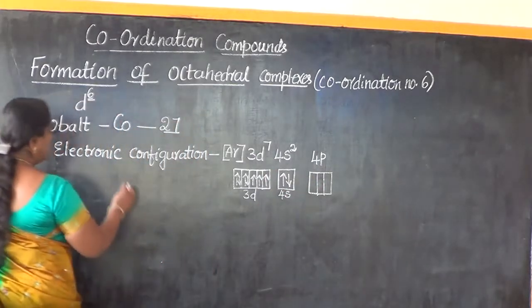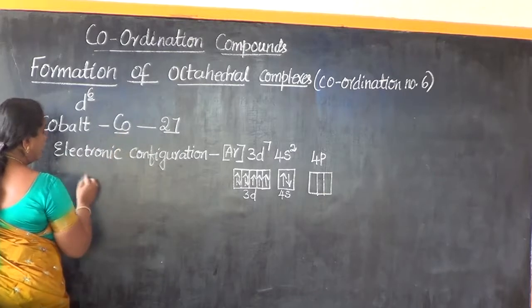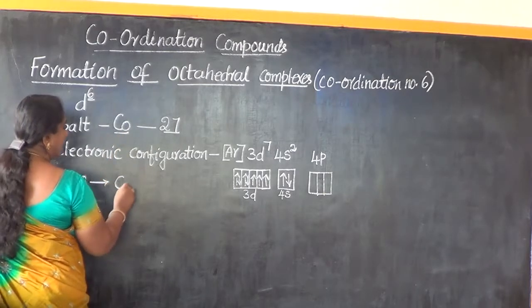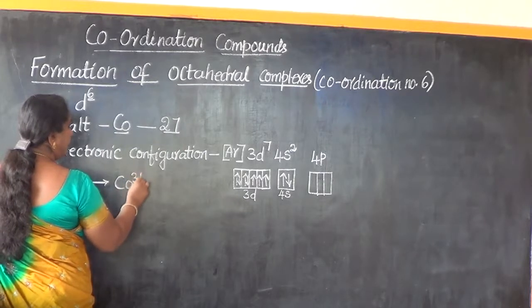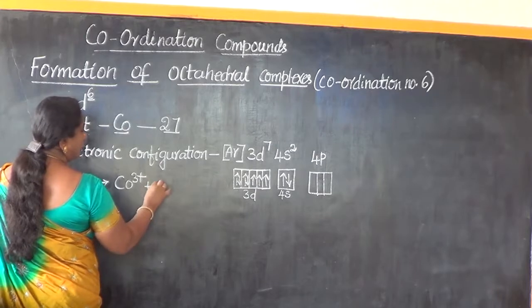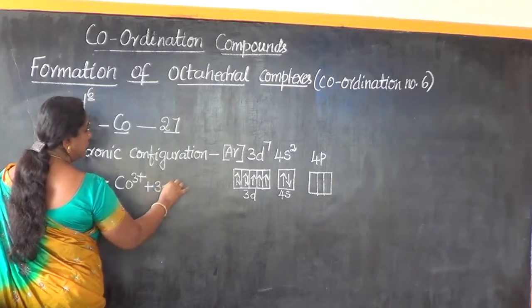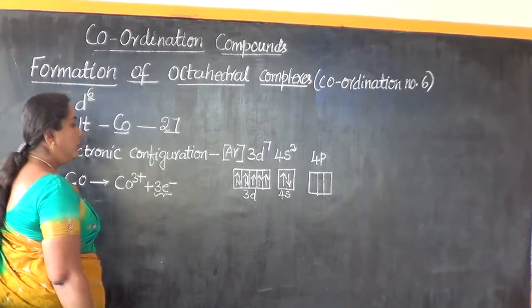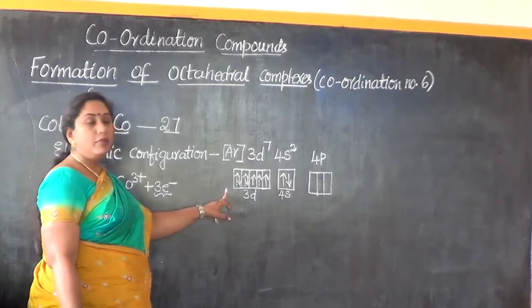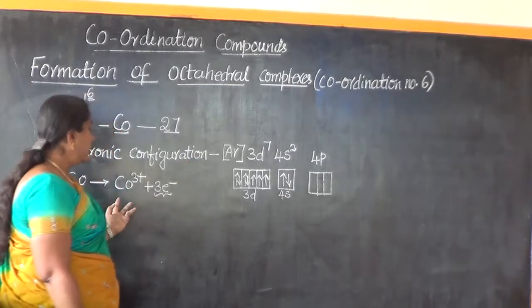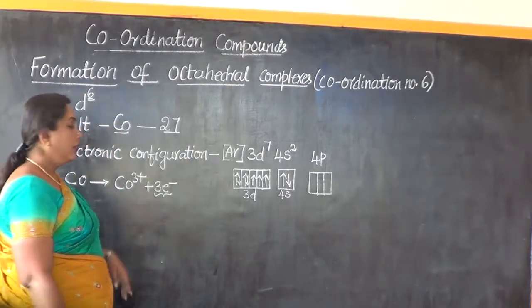Let us see what will happen when cobalt becomes cobalt 3 plus ion. It will become cobalt 3 plus ion when it loses 3 of its electrons. From the orbital diagram, let us focus and learn from where these 3 electrons are lost.